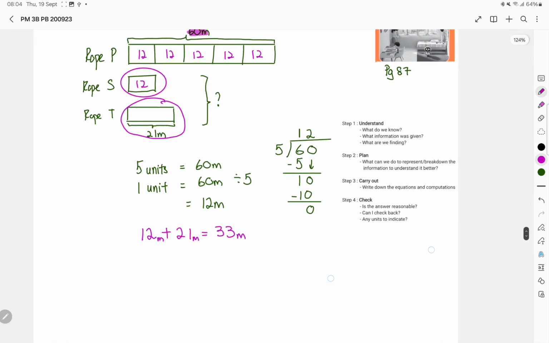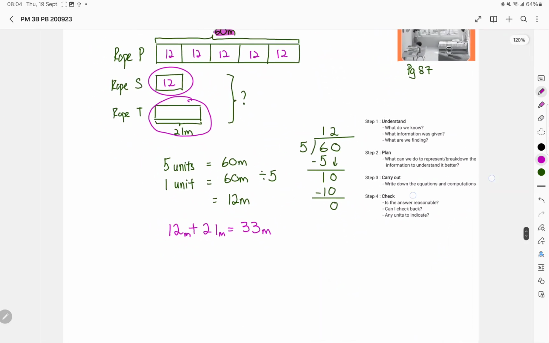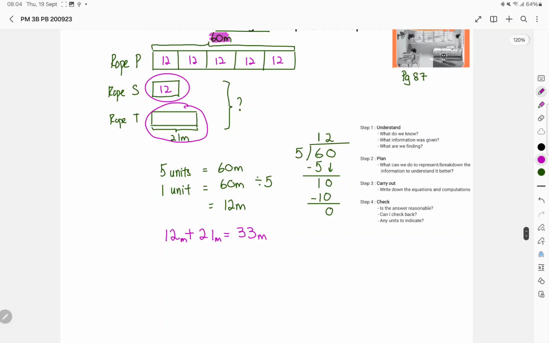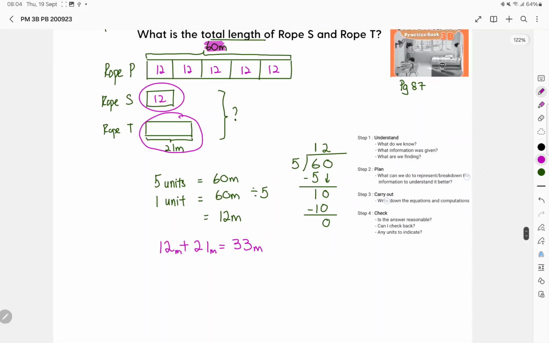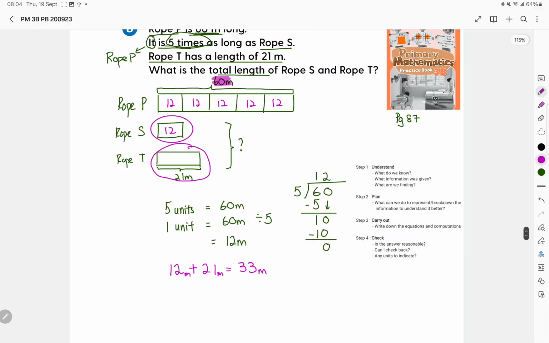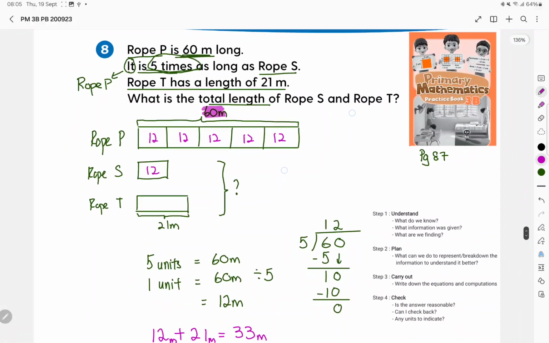So let's ask ourselves, is the answer reasonable? Am I able to check back? And is there any unit? So let's check. Where can we check from? Actually, there's a very easy way to check. You just have to come back to the value of your 1 unit. Because if we know that 5 equal units equals 60, then just now we divided by 5, right?